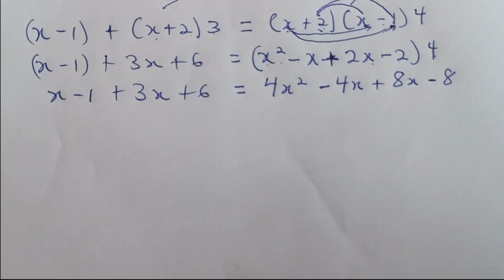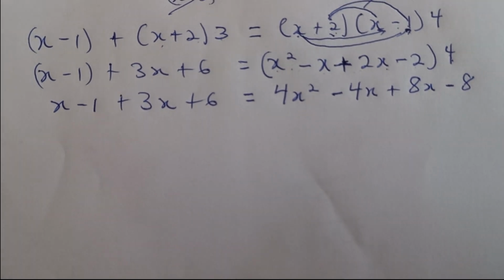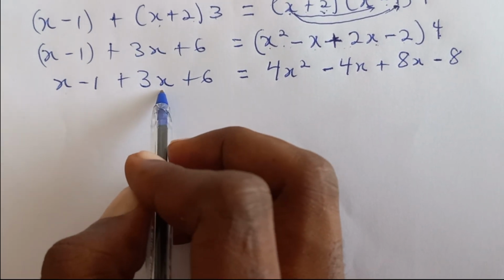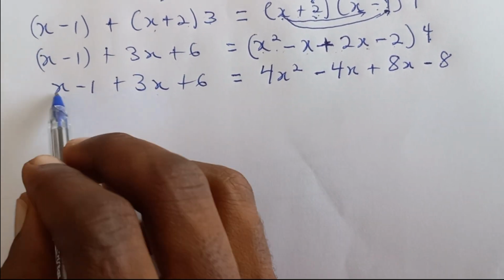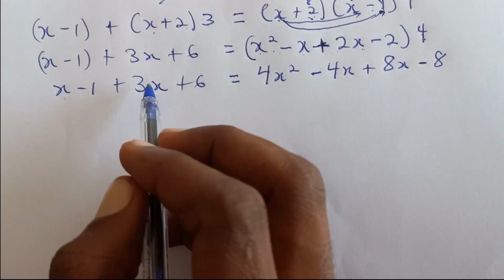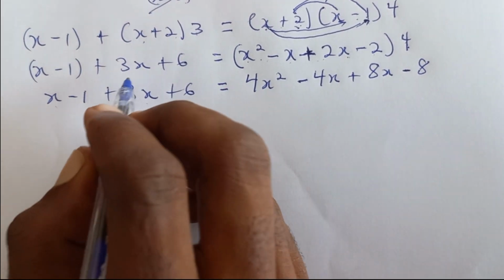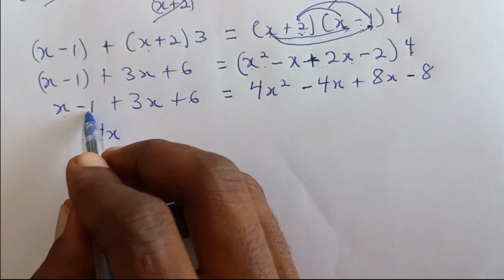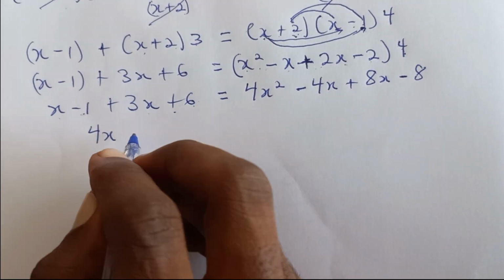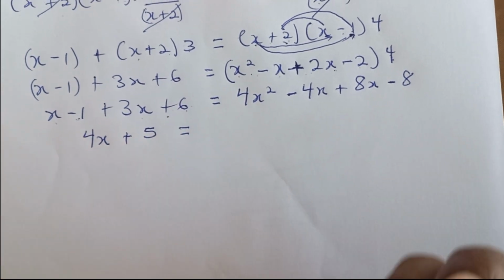Now, we have to simplify again to make it very simple. We have x here and 3x here. The terms have the same variables, so we can add them. x plus 3x, we get 4x. Also, we have -1 here, then a plus 6 here. -1 plus 6, we get plus 5. Good.